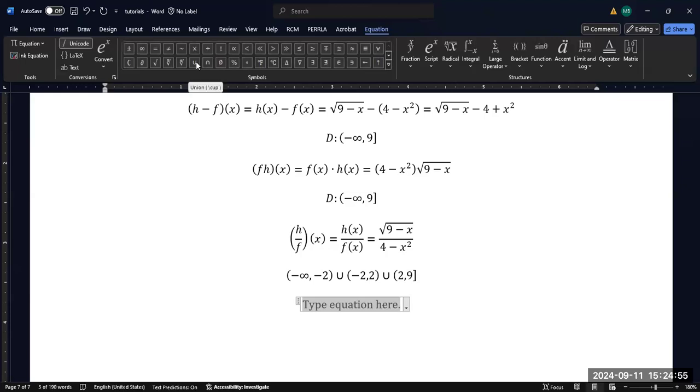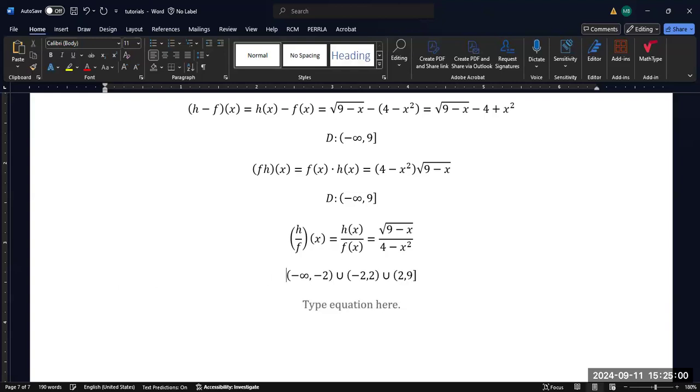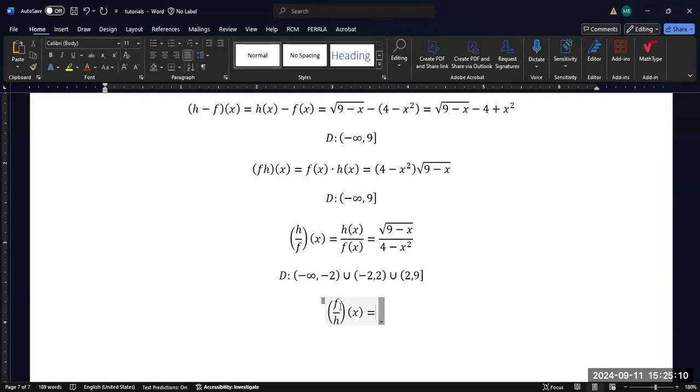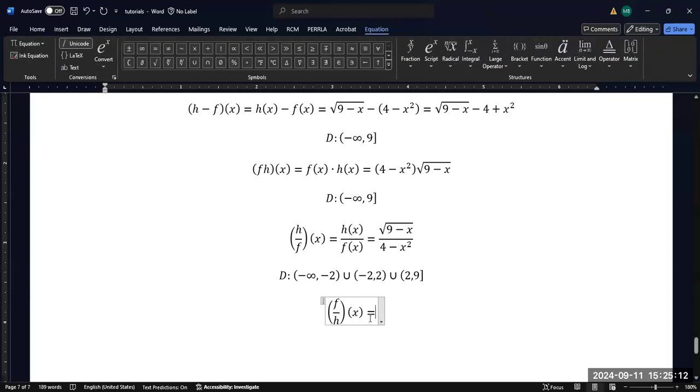Now, just as a side note, if I were to do the reverse, f over h, then what I would end up with is 4 minus x squared over the square root of 9 minus x.